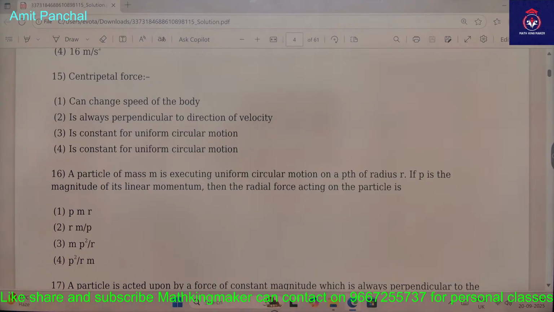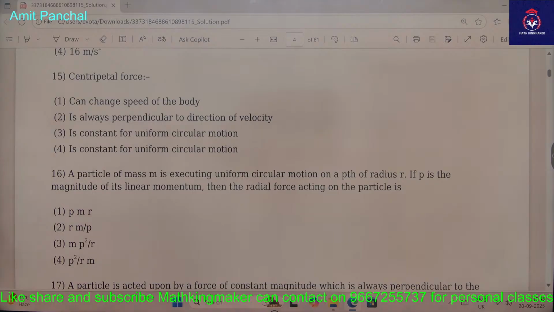Yeah, they seem so, but that is not the actual thing. Why are option number 3 and 4 not correct? Because if it is a uniform circular motion, what does uniform circular motion mean? It's moving with a constant velocity. Constant velocity, and how much acceleration will it be having? 0.